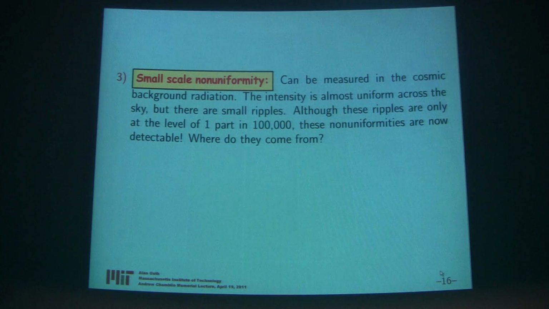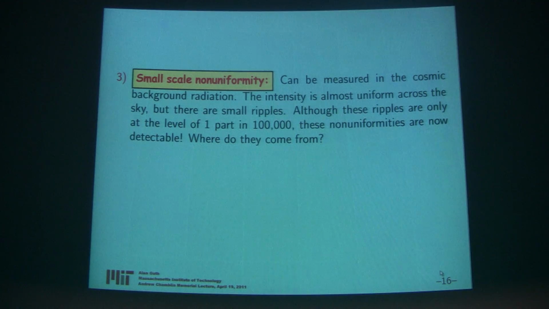But nonetheless, astronomers can measure this cosmic background radiation, mostly through satellite experiments, to extraordinary accuracy these days. And at the level of 1 part in 100,000, there really are non-uniformities, ripples in the temperature pattern that they can measure. And those non-uniformities we think are actually crucial to the evolution of our universe. They're not just some side effect.